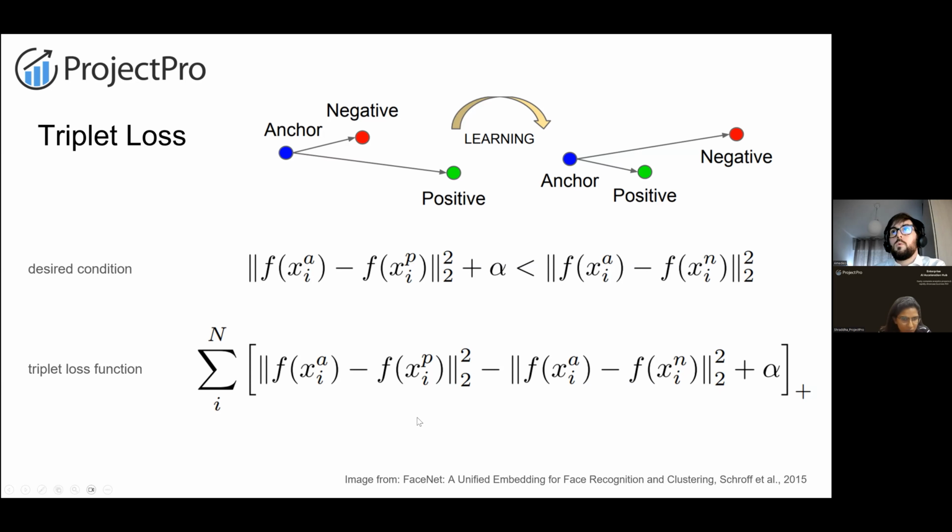So what we are trying to do is to say if that condition is not respected, so there is a violation in this condition, try to update the neural network in such a way that this violation becomes smaller till it becomes 0. At the end, our network will try to converge to the case where we have the safety margin alpha, and we will have less and less cases where the negative one is closer than the positive one.